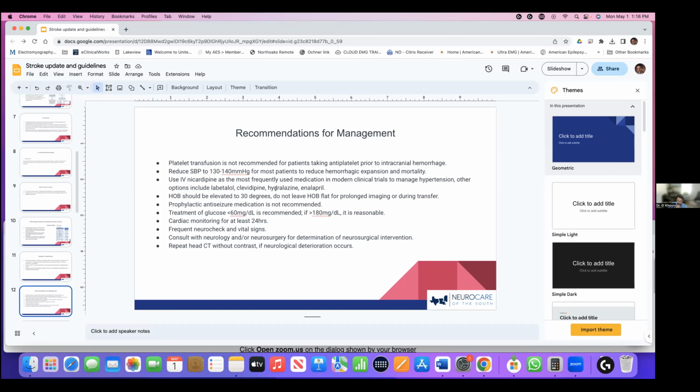Cardiac monitoring, and frequent neurochecks and vital signs. Consult neurology and neurosurgery, and if there is any neurological worsening or increase in stroke scale, a repeat CT is recommended. ICH is an emergency that needs frequent monitoring, and watch for expansion.